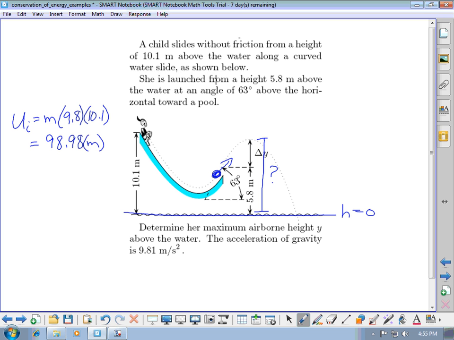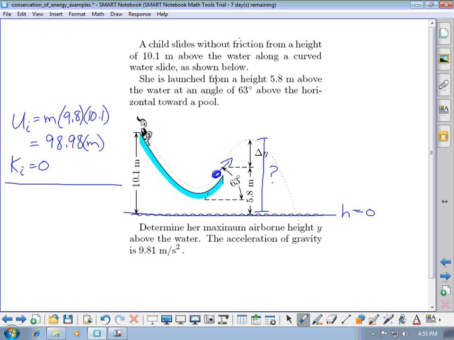The girl is starting at rest at the top of the slide, so her initial kinetic energy is 0. At the top of the water slide, all of the energy is potential energy. There's no kinetic energy. When she reaches the end of the water slide, she's going to have both potential energy and kinetic energy.